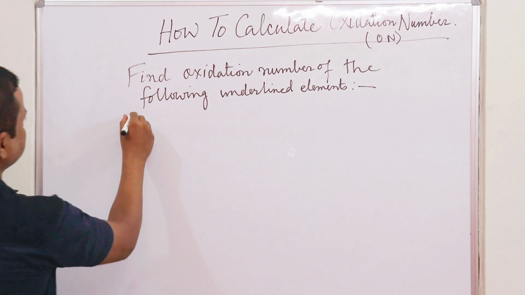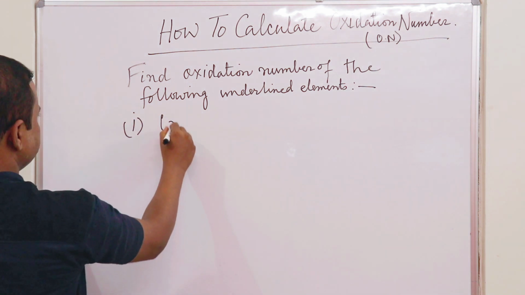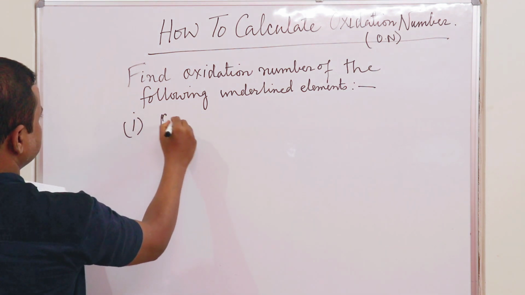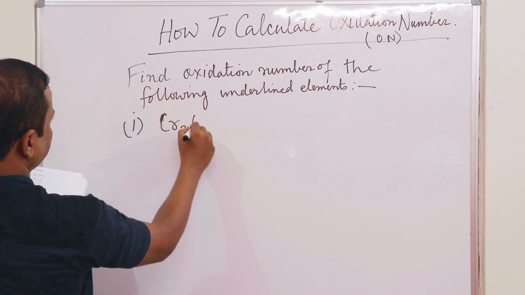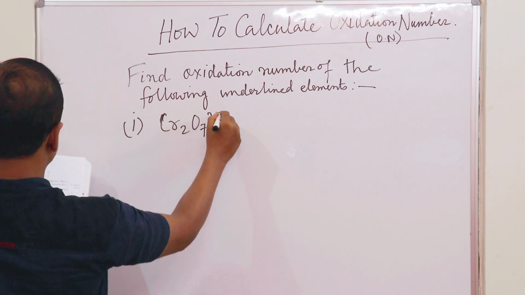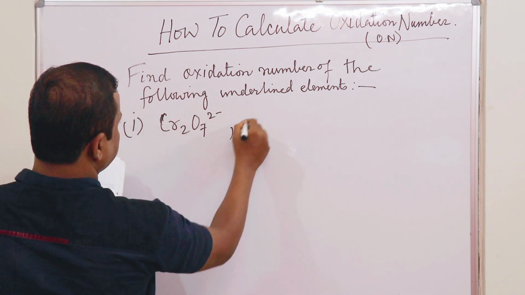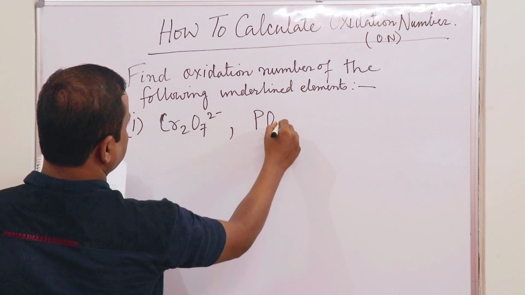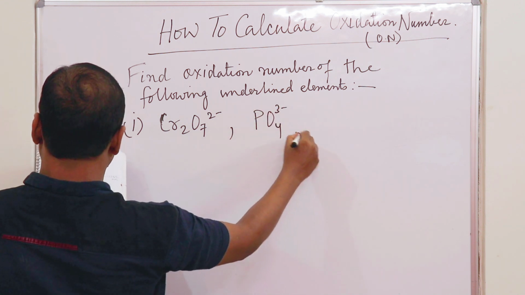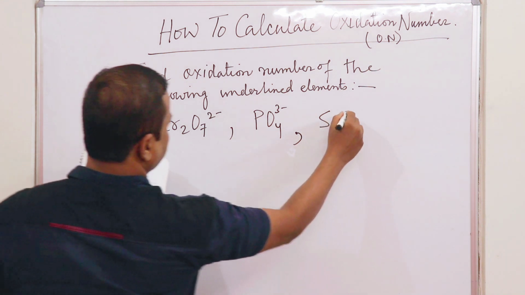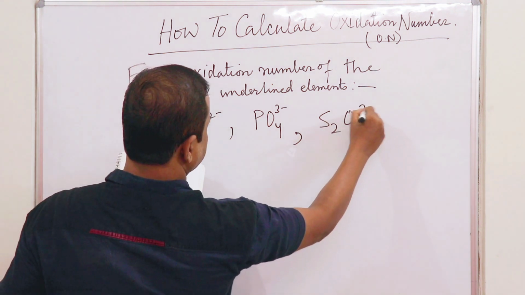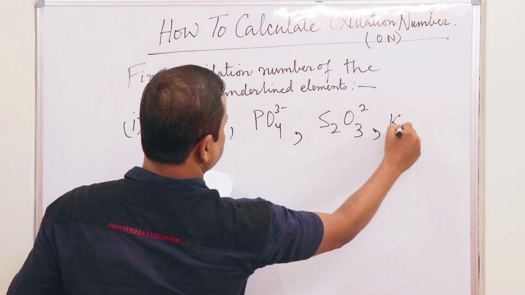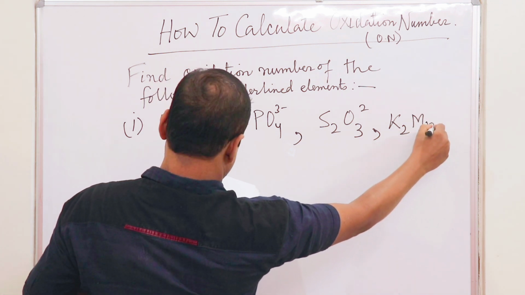Okay, number 1, the question is Cr2O7 2-, then phosphate PO4 3-, S2O3 2-, K2MnO4.